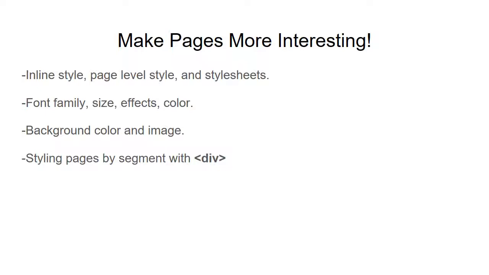The most basic way to do style is called inline style, where for each individual element you add a style rule. We've already done that. That can be really ponderous. It's only useful in limited circumstances.